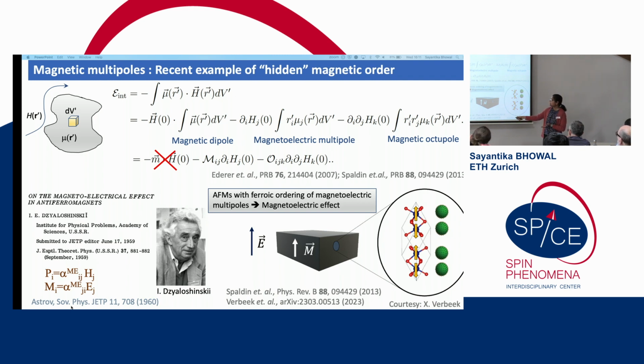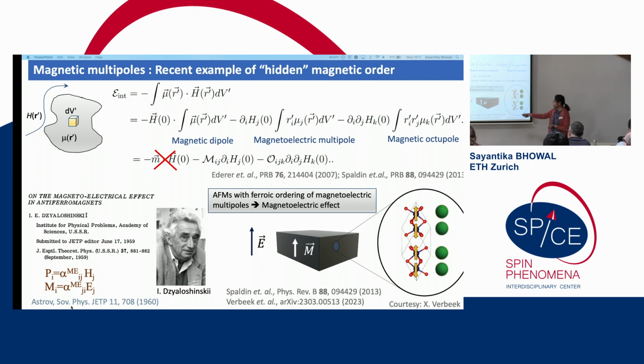Now, this linear magnetoelectric effect actually can be conveniently described in terms of ferroic ordering of this second order magnetic multipole, which is the magnetoelectric multipole. So this effect has been proposed by Dzyaloshinskii for chromium-2-oxide-3, and also it was first observed in the same material.